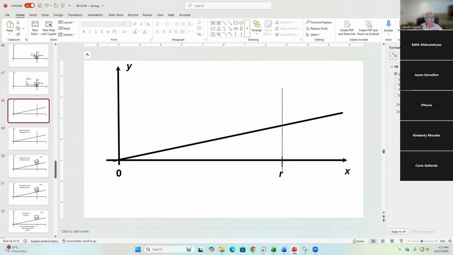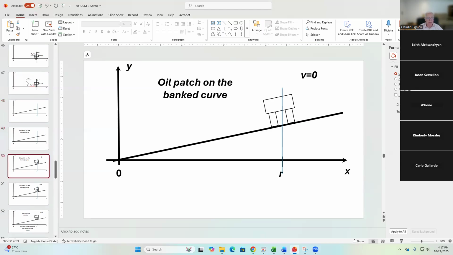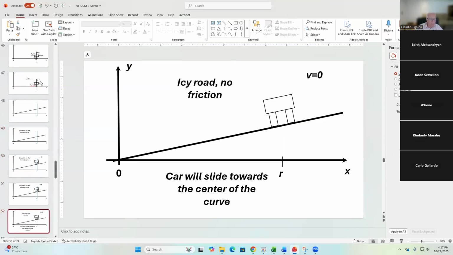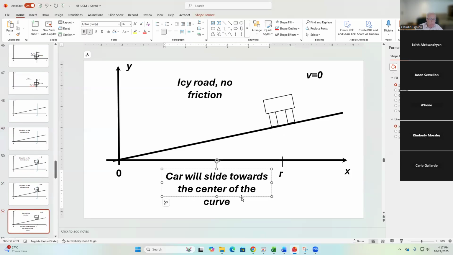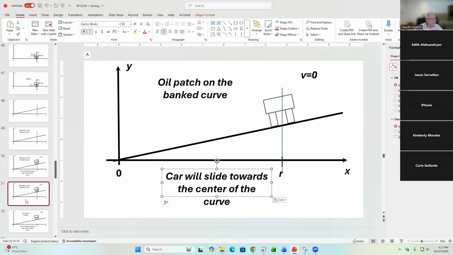Let's tell the story again, right? Here you go. We start with the banked curve here, and there's an oil patch on the banked curve. We place a car at rest on top of this oil patch, and the car tends to move towards the center of the curve. I'll put it right here.